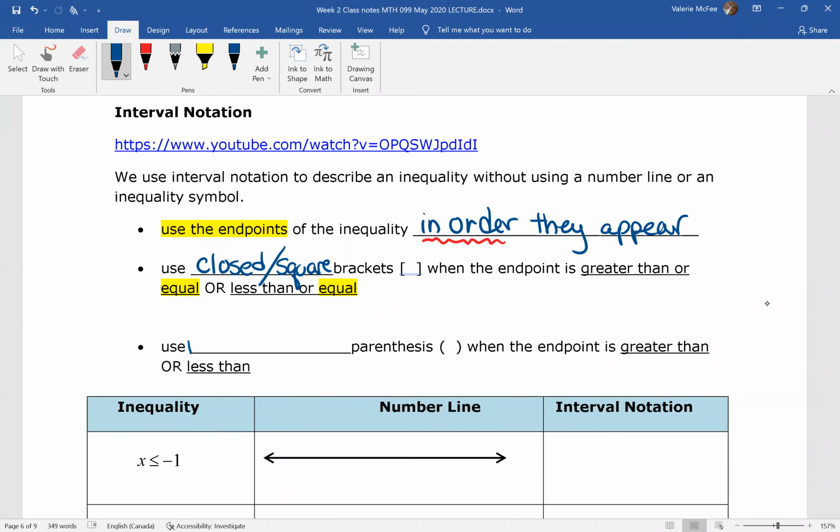We're going to use round or open parentheses when the endpoint is just greater than or less than. So if we see the greater than or equals, the less than or equals, we're going to use the square brackets. If we see greater than or less than, we're going to use round brackets.